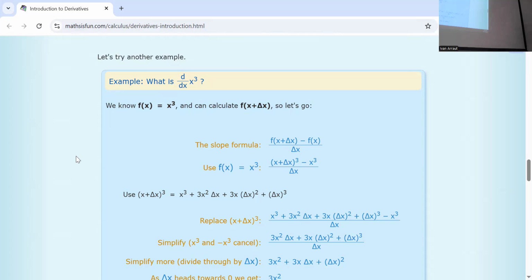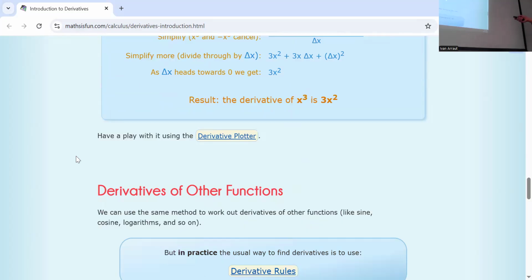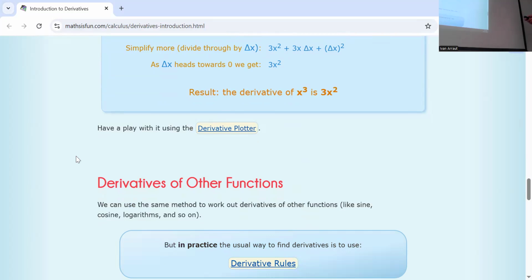Because this 3 goes down here, and then I have to subtract 1: 3 minus 1 is 2. Which is actually what these guys obtain here, 3x squared. And what does it mean? If I plot this cubic function, the variation of y with respect to x at any point is measured by this quantity. This quantity also, when I evaluate it at a single point in any x, measures the slope of the tangent line at that point.